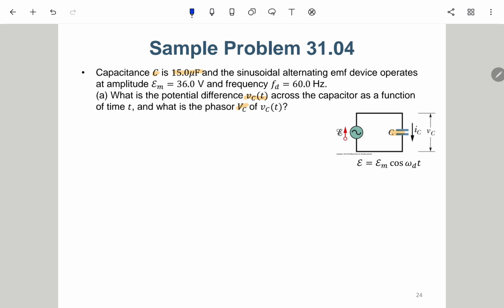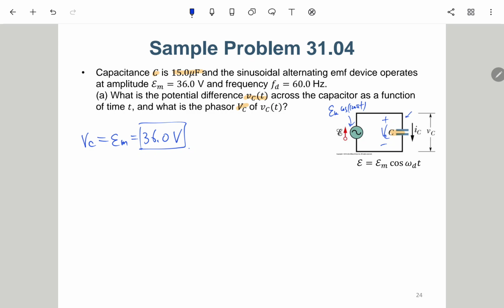Here VC is actually EM, nothing but 36.0 V. So this is still the phasor here, because we just have EM and then cosine of 120 pi T.